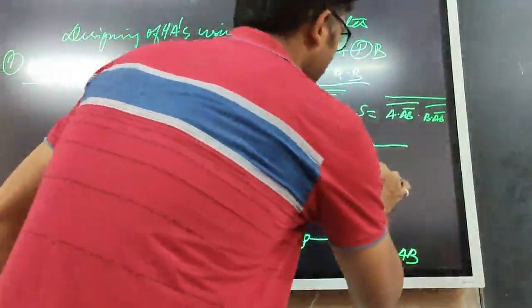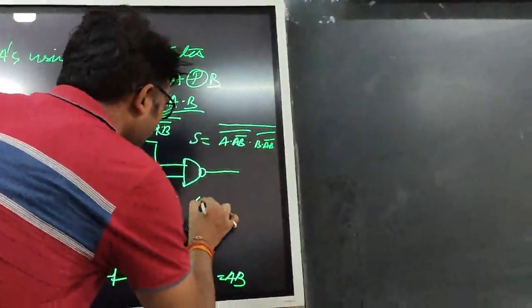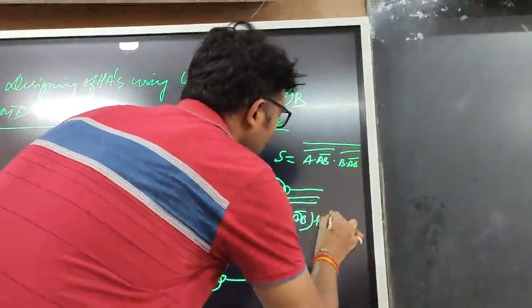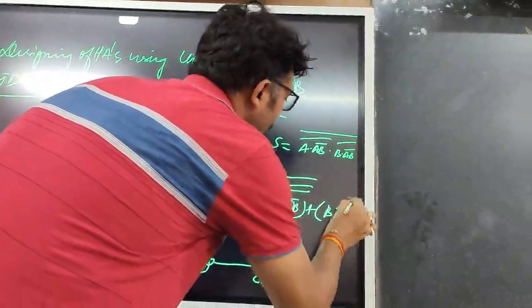So again, by using De Morgan's theorem, if we solve it, it will be A dot AB bar plus B dot AB bar.